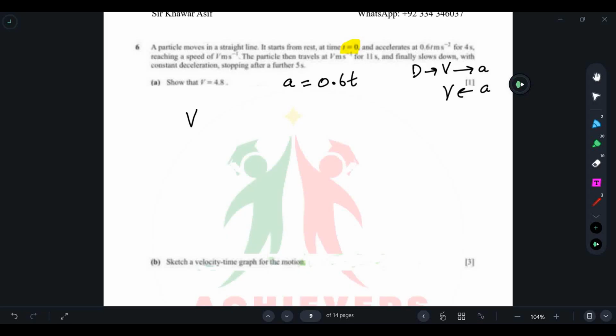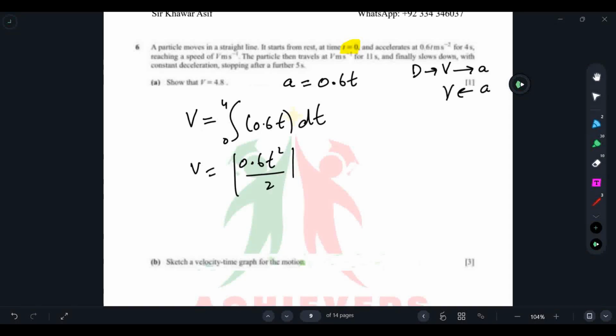Now if we integrate, v will be equal to the integral from 0 to 4 of 0.6t dt, the equation of acceleration. If we integrate it, v equals 0.6t squared divided by 2, and then we put the upper limit minus the lower limit.